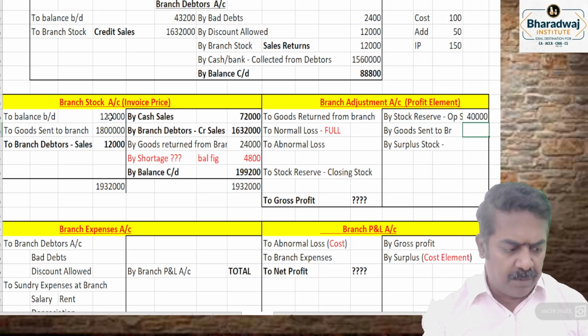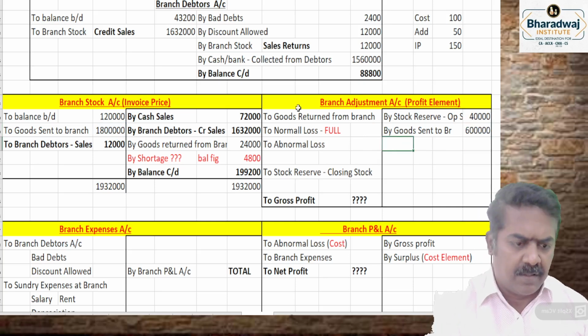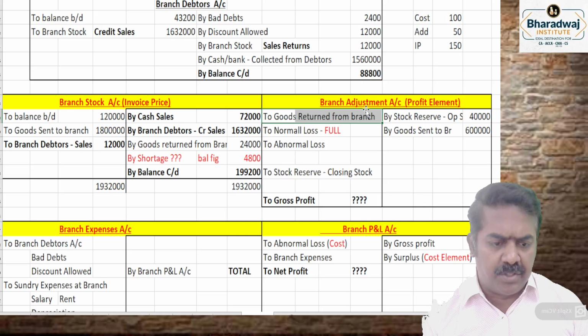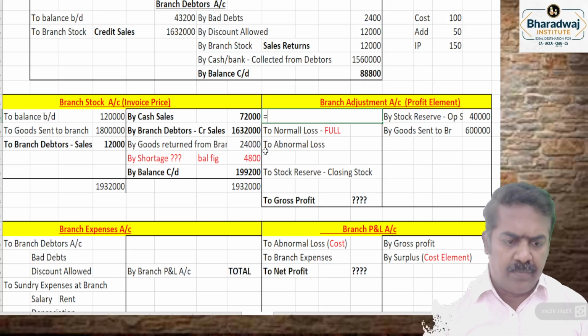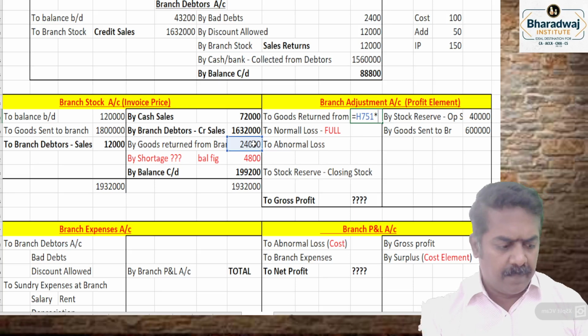On the goods sent to branch, 18 lakhs into 50 by 150. Don't remove on sales returns. Goods returned from branch, how much? 24,000 into 50 by 150.